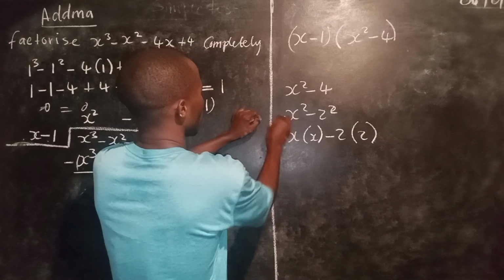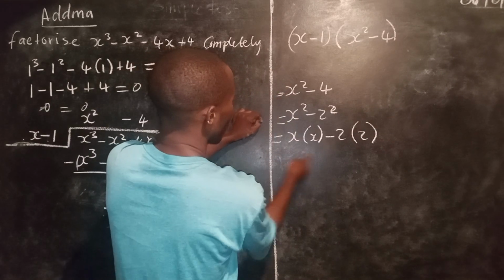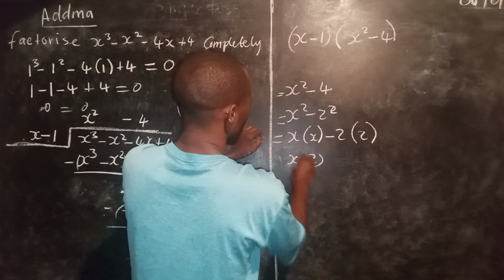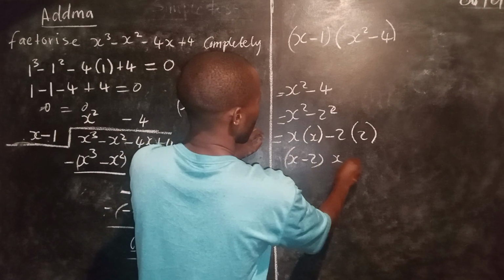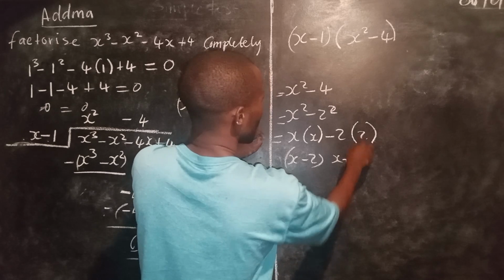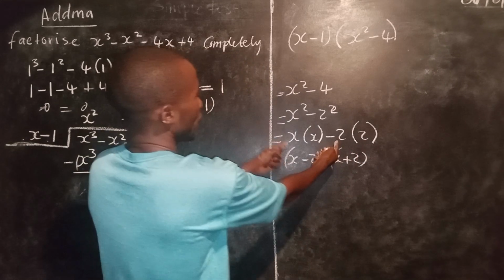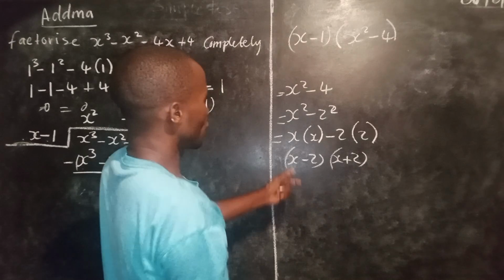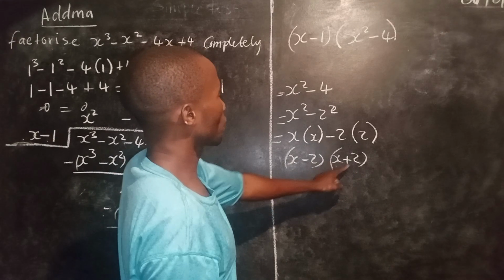Then let us group what is outside, x minus 2, then x plus 2. So we get what is outside and the inside. So this is now x minus 2, x plus 2.